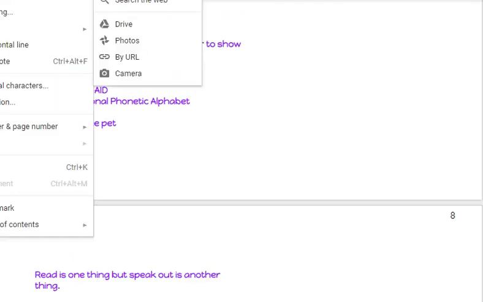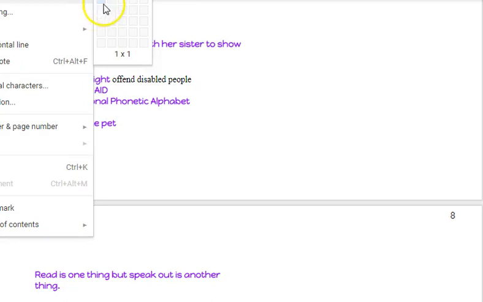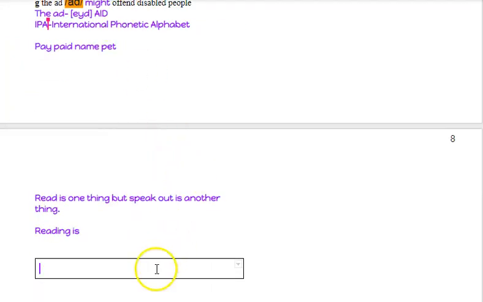So that's why some people try to practice tongue twisters.